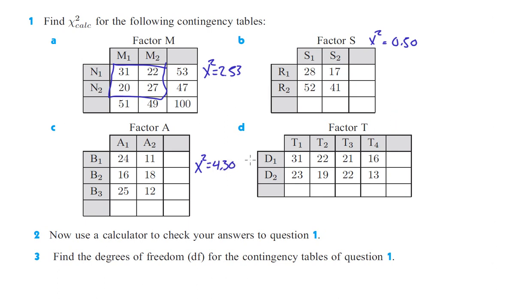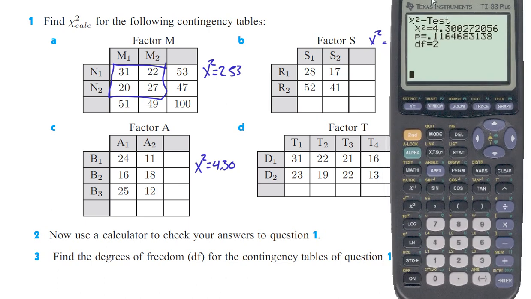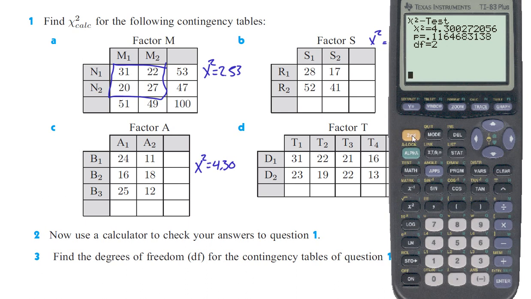All right, and then the last one here. Let's put in this data. Matrix, edit. This is 2 rows by 4 columns. So 2, enter, 4, enter.